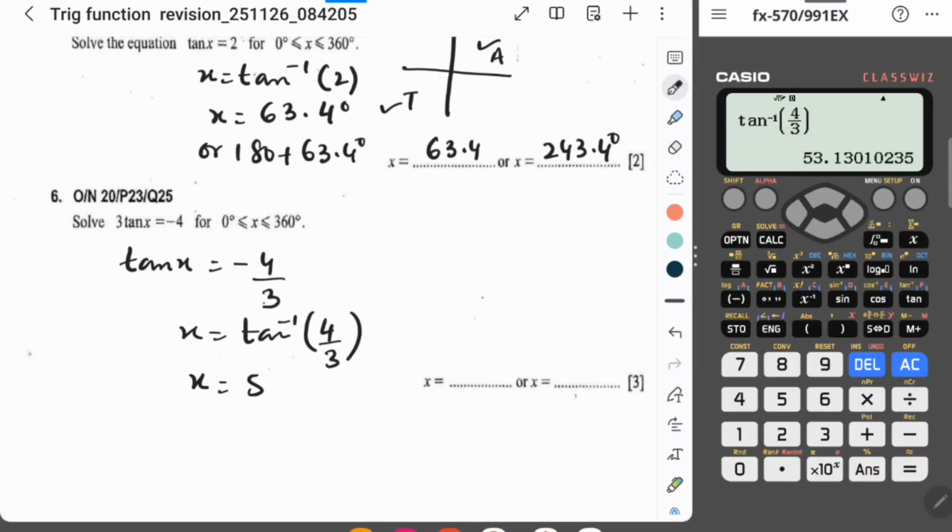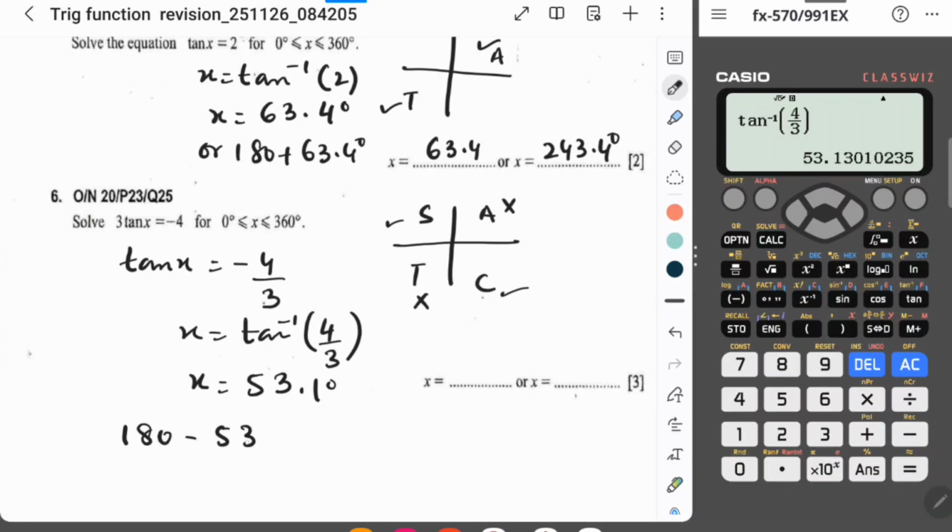Your basic angle is 53.1 degrees, but you know that it's not here, because it's negative. So it's in the second and the fourth quadrant, which will be 180 minus theta and 360 minus theta. So 180 minus 53.1, and 360 minus 53.1. Find out both answers.